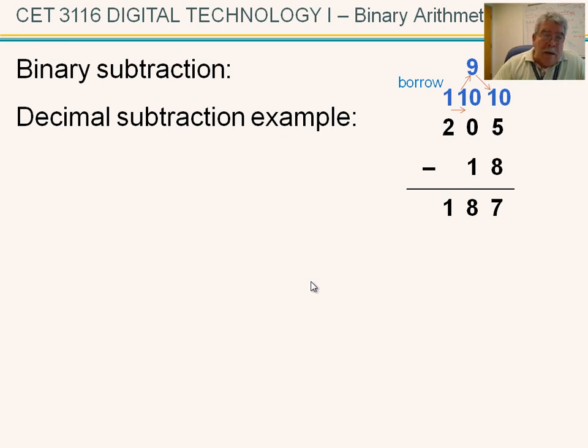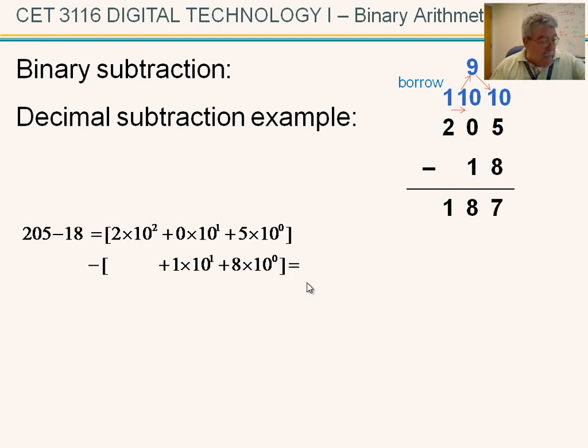There's an explanation in the book that I'm going to bring here with the same example. This is an example from the textbook, which is really good at explaining how the borrow works. This is the number 205 minus 18. We're going to use polynomial representation to understand that and figure out how everything works.